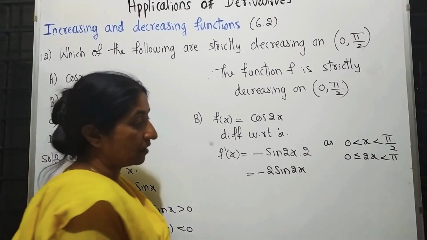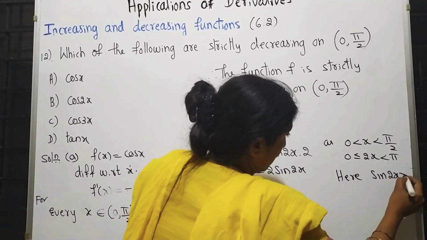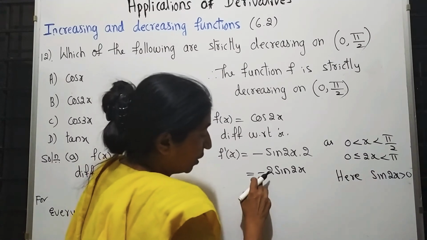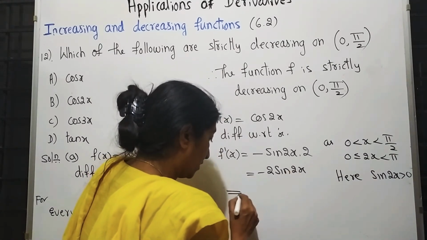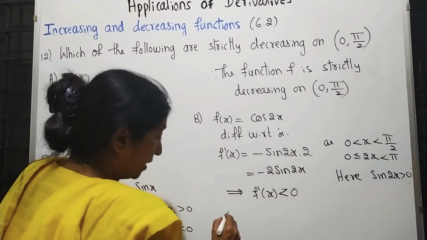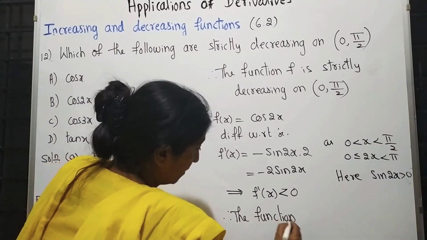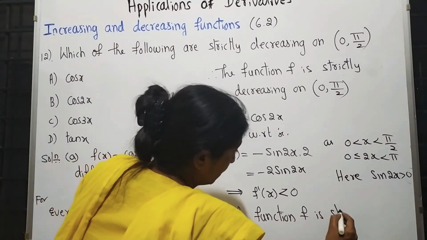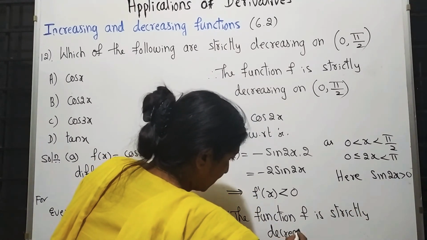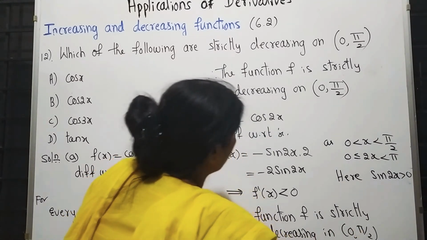In both, sin is positive. Sin 2x, so the angle, that is very important. Sin 2x is greater than 0. It is already minus and this is sin 2x. Implies f dash of x is less than 0. Therefore, the function f is strictly decreasing in 0 comma pi by 2.